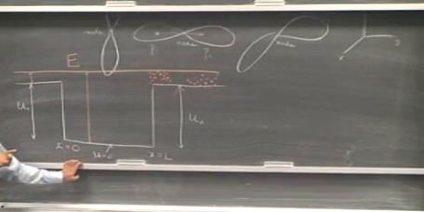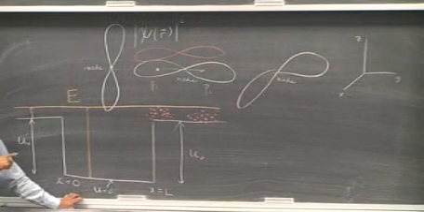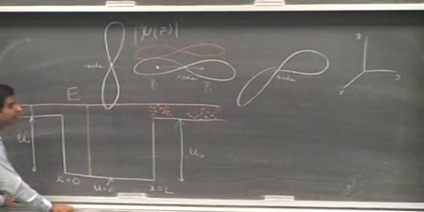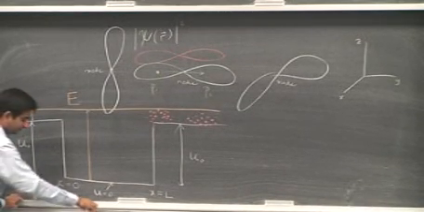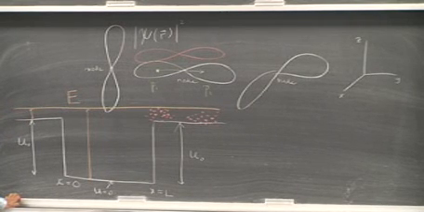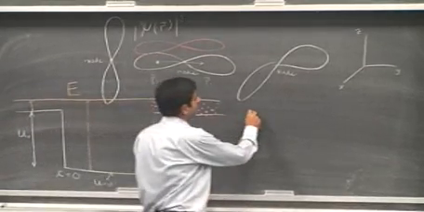So how do we solve the Schrodinger equation for such a system? And what will the wave function look like? Okay, let's write down the Schrodinger equation.